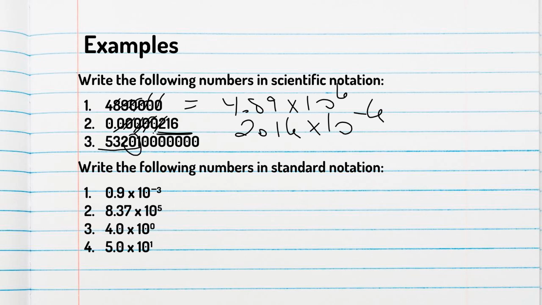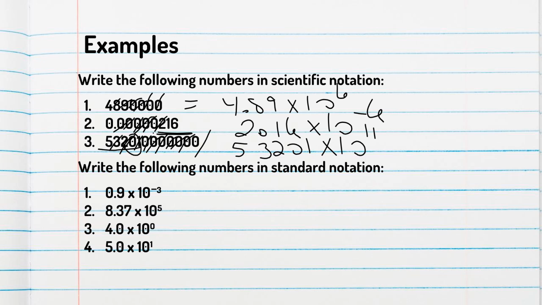Remember that 0 counts, so 5.3201 times 10 to the 1, 2, 3, 4, 5, 6, 7, 8, 9, 10, 11. 11, because that number is bigger than 1.